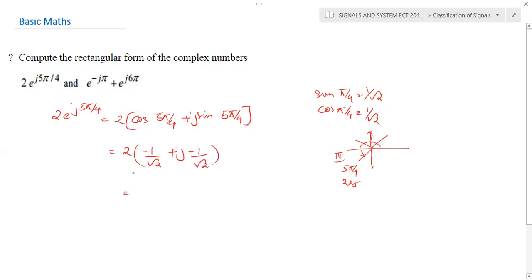So if you simplify this, 2 by root 2, you can multiply root 2 in the numerator and denominator. So you get 2 root 2 over 2, so you can cancel 2 2. So it becomes minus root 2, again minus j root 2. So if you take minus root 2 common, it becomes 1 plus j. So this is a simplified form.